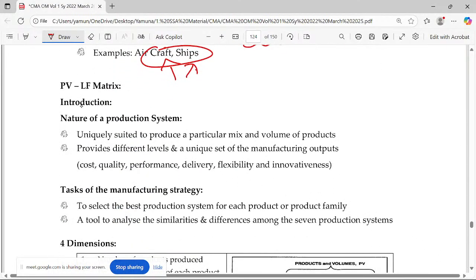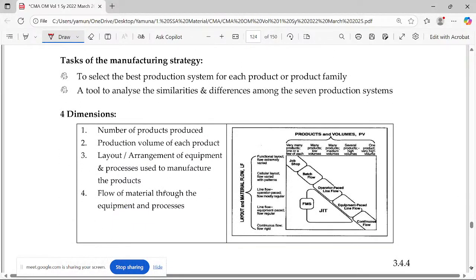So we have this PVLF matrix. Let me go for this chart work. LF is over here. See, already we have done this in the earlier chart. This is PV. PV is product and volume, in the horizontal direction. And LF is layout and the material flow.